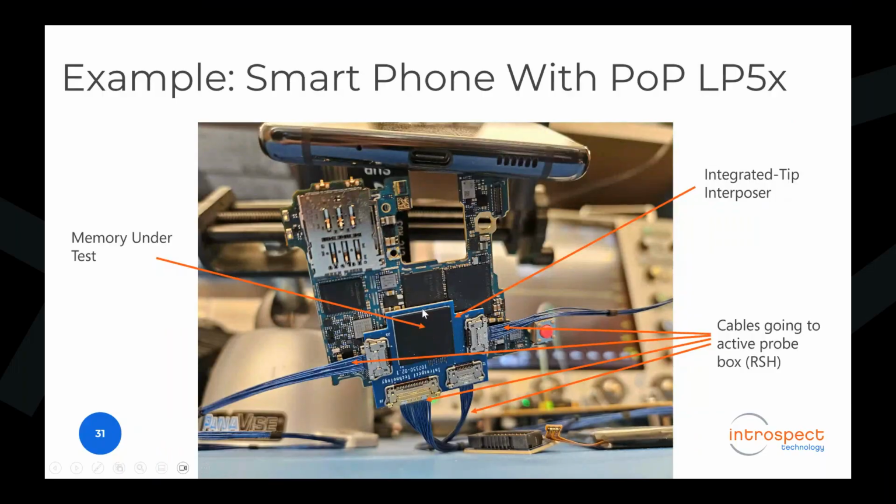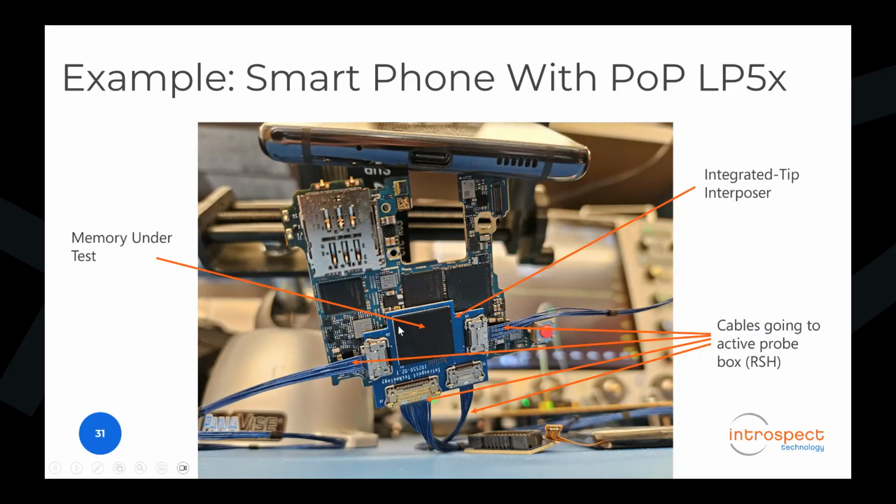So here's an example of a live phone, as you can see. This is a live Samsung phone, and this is a package on package application. The memory is where I'm pointing with my mouse here. Normally, without the interposer, it would be sitting on top of the package, let's say a Snapdragon package from Qualcomm.